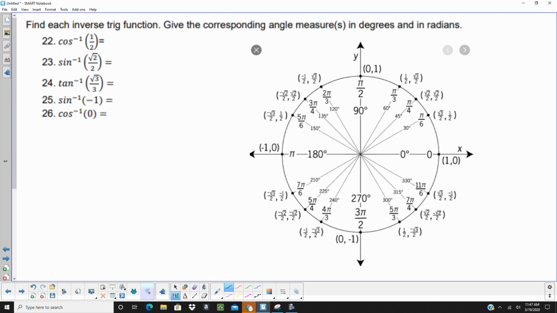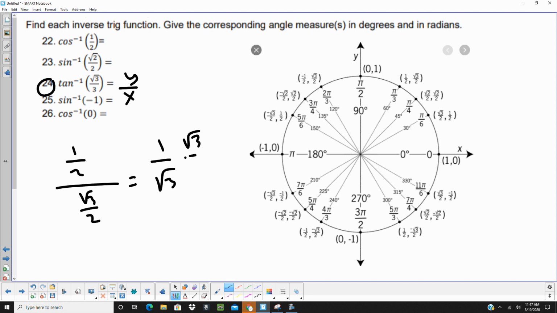On 24, they're asking us the tangent, and remember, tangent is your y-coordinate over your x-coordinate. On that one, I believe it is 1/2 all over radical 3 over 2. You simplify that down and you get 1 over radical 3.